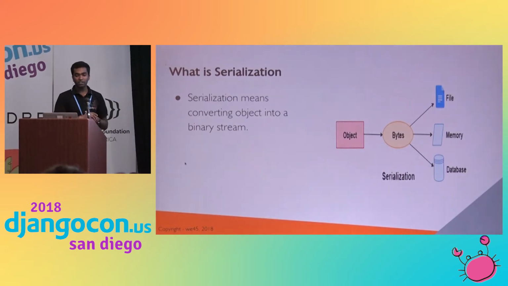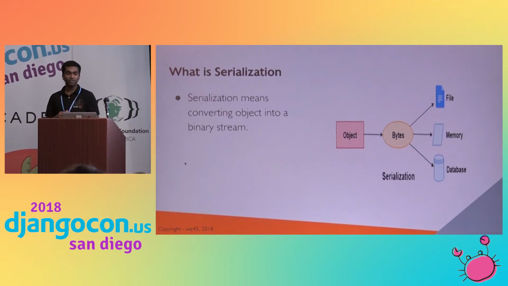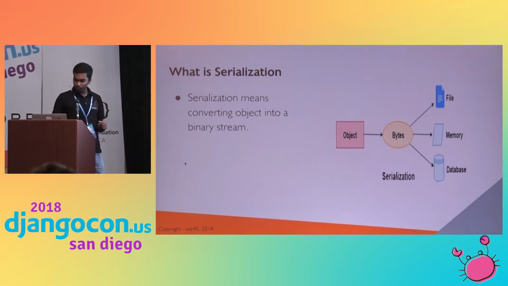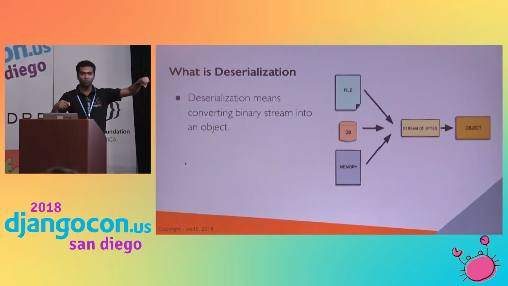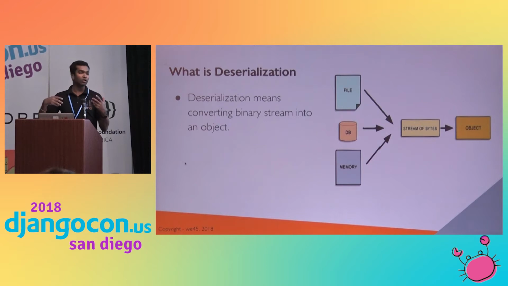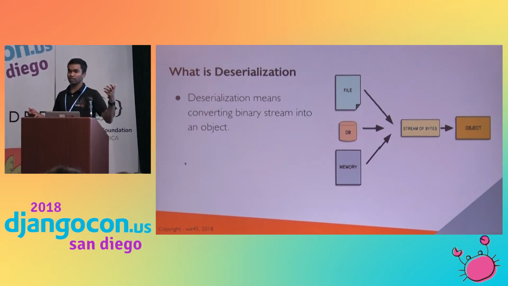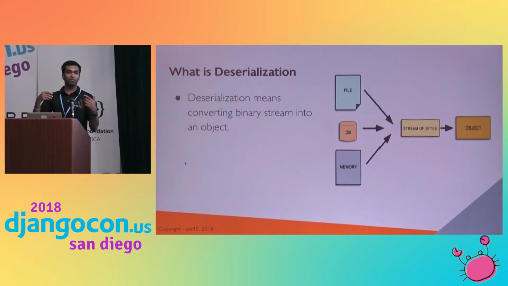So what do serialization and deserialization mean? Serialization means it converts an object into binary. For example, say there is an e-commerce website. A vendor wants to upload his products, but he can't create n number of products one by one, right? It takes time. For that purpose, we create a YAML file.